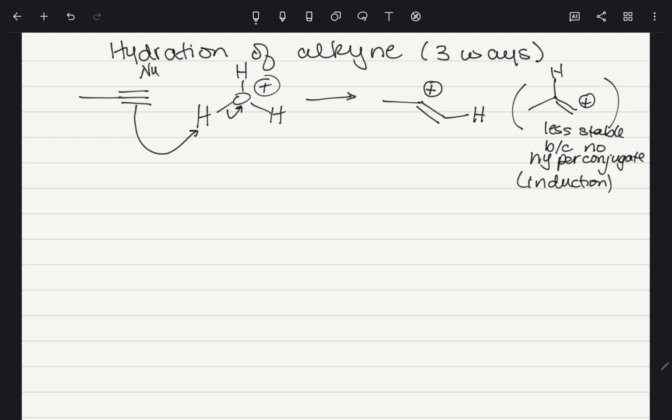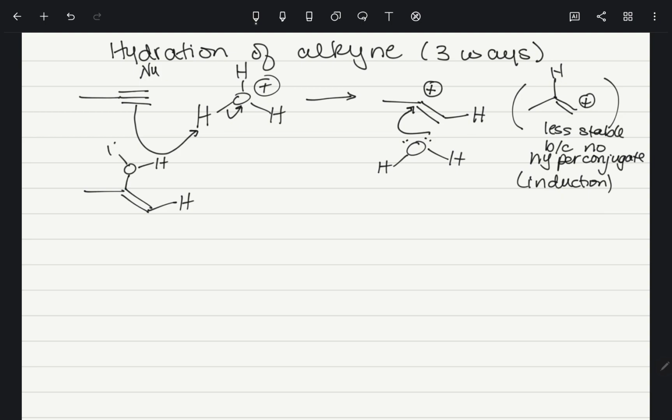So let us go ahead and draw our next step. We have a cation, and our water can attack that carbon. I'm just drawing the hydrogen in so that we mark where it is.